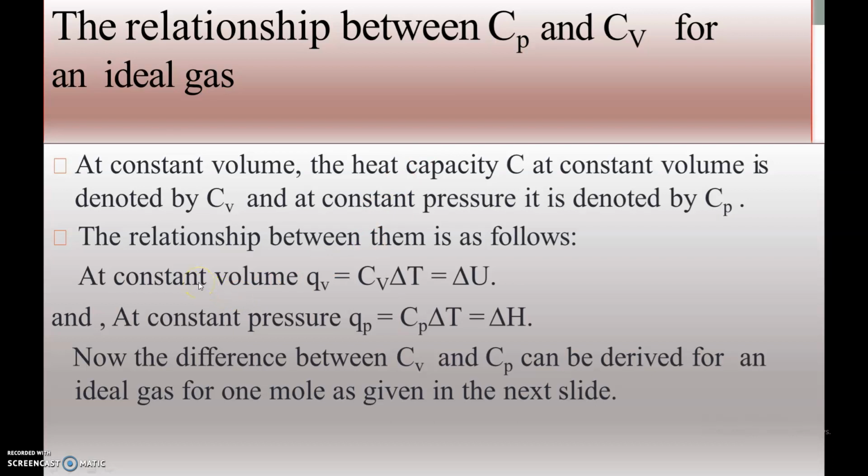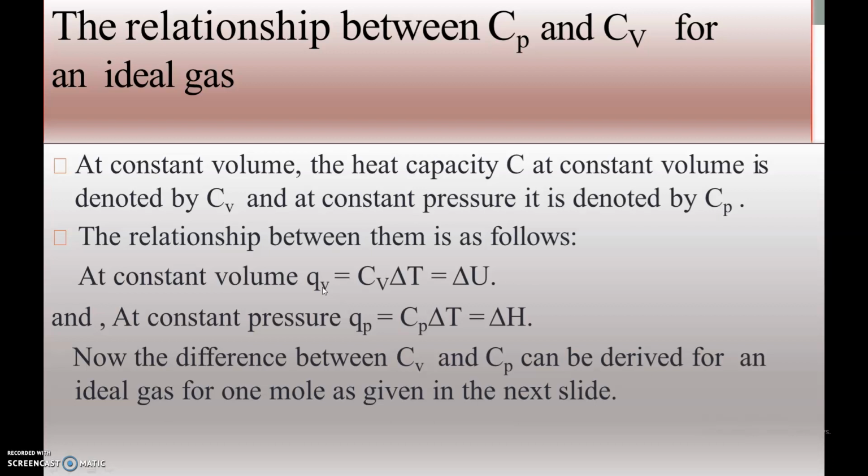At constant volume, the heat is Qv. The amount of heat produced is denoted by the letter Q, and since it is at constant volume, we denote it as Qv.